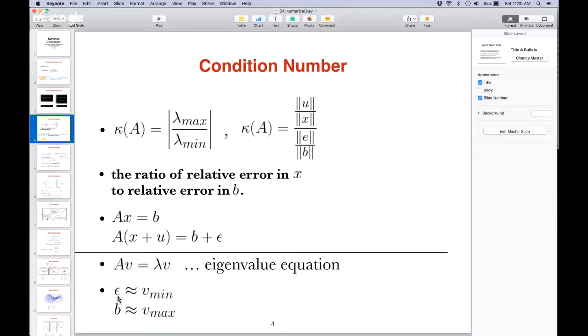It happens when the epsilon, a small inaccuracy, small perturbation to the right-hand side vector B, is aligned with the eigenvector that corresponds to the minimum eigenvalue. Then that small perturbation is going to propagate to the unknown vector, to the left-hand side of the equation, greatly. And the ratio is exactly given by the condition number, the ratio of the eigenvalues.